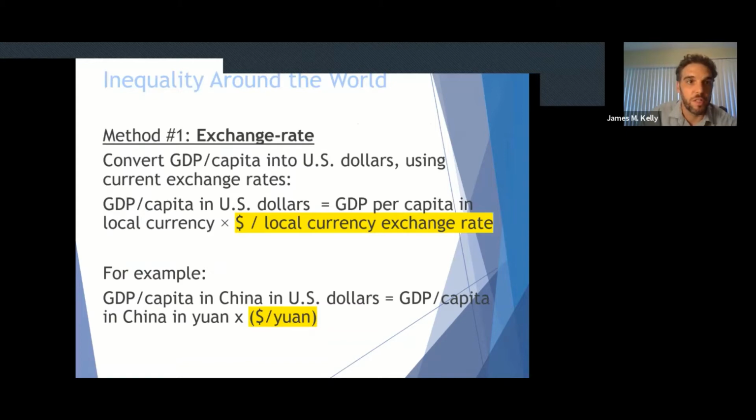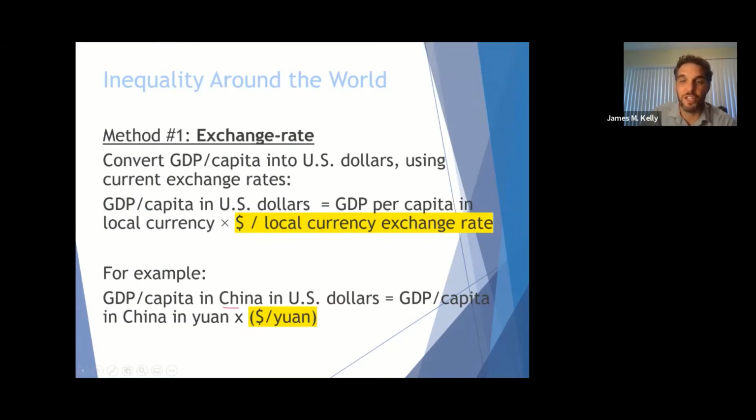So for example, if we're trying to convert China's GDP measured in Chinese currency, in yen, we're going to have that in yen per person or per capita. So to convert that into dollars, we're going to need, importantly, dollars over yen, the ratio of the exchange rate such that it's dollars over yen.